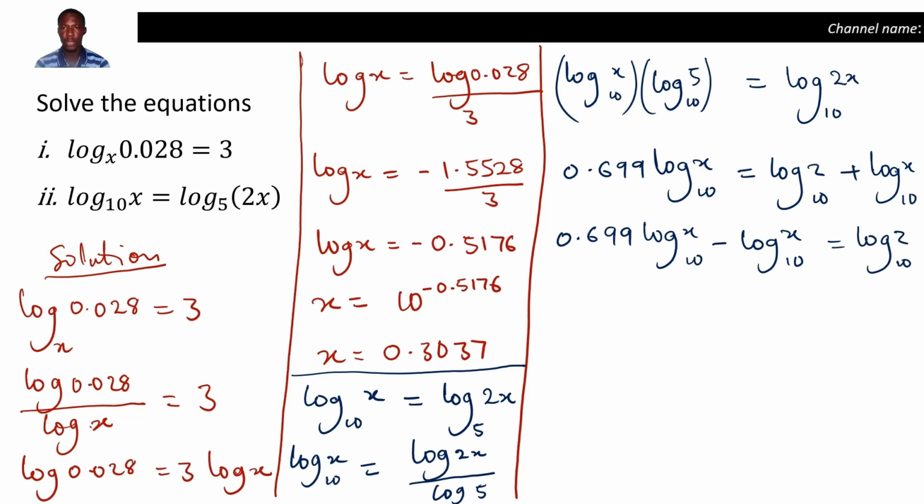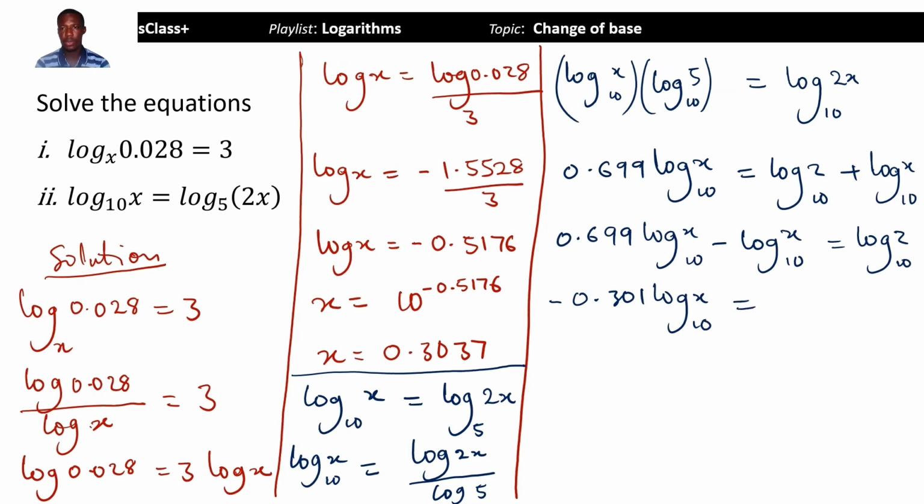Okay, so when I do the subtraction, I'll get negative 0.301 log x to the base 10. And this is equal to log 2 to the base 10.